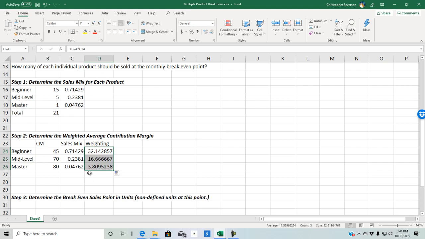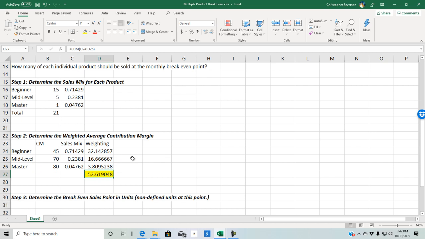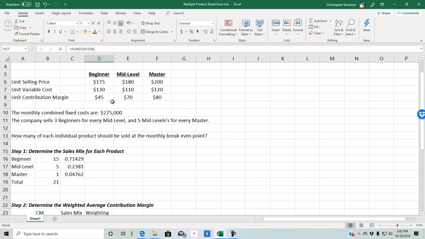And what we're going to do now, once we get the weighted average contribution margins, we have to add all 3 up. So what this is telling us, this is really what we need. Notice we had 45, 70, 80, and we're certainly selling more beginners.